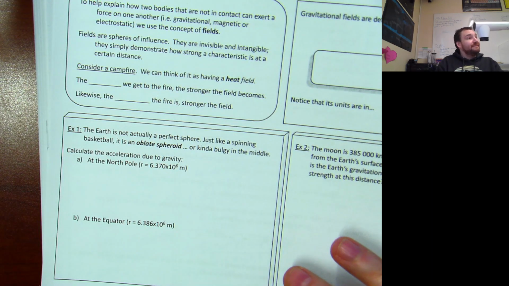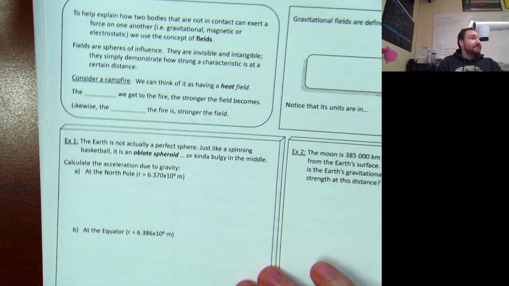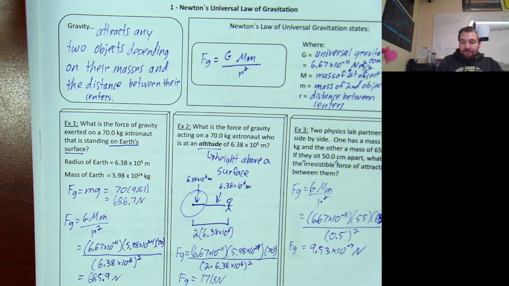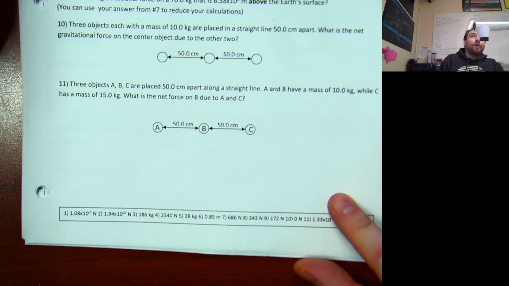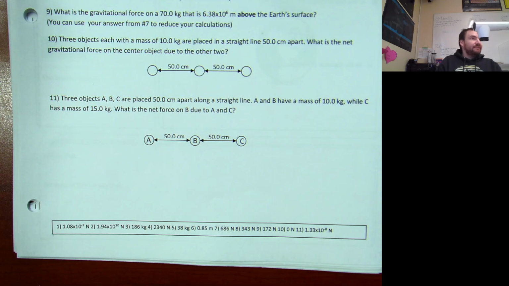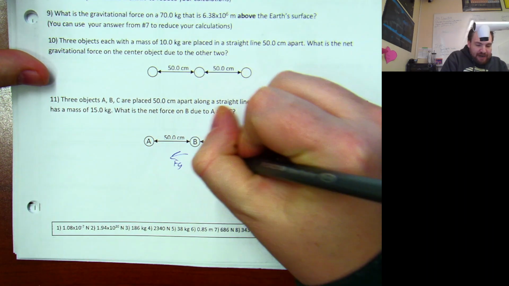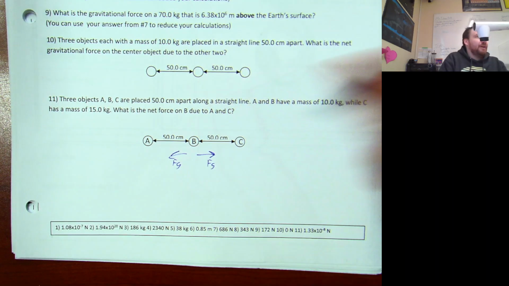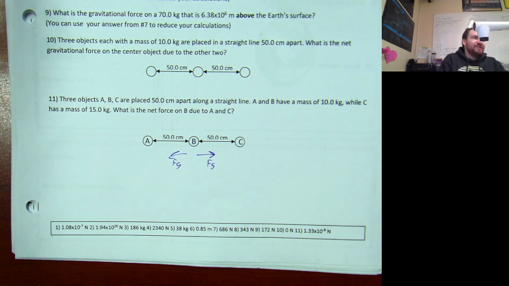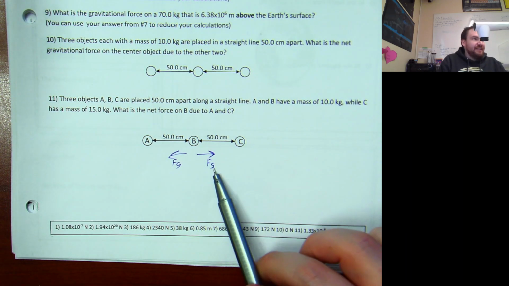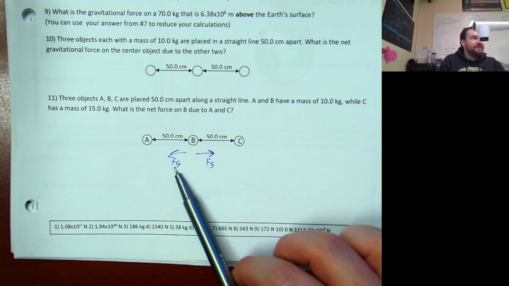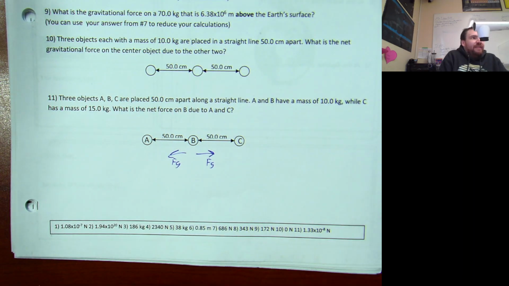How did you go about question 11? I got the answer, but I don't know if my work is right. I'm sure your work is fine. You'd get an FG this way and an FG this way, and plug in those values. I know this FG is going to be 1.5 times this FG, but I don't know what that number is, so knowing that doesn't help.